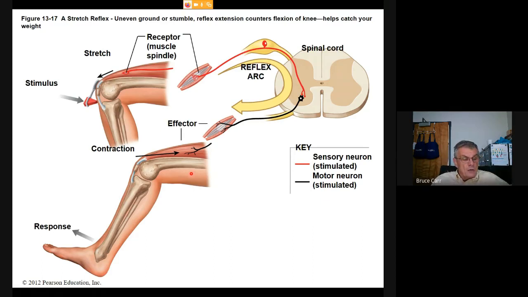Now, if the tripping is not too dramatic, we have the ability to arrest our fall. It's not just to kick. Normally when we're running or walking, we extend our knee as a part of the stride that we're producing.